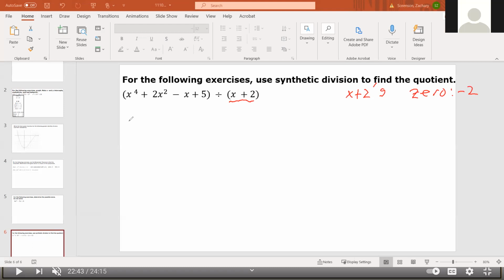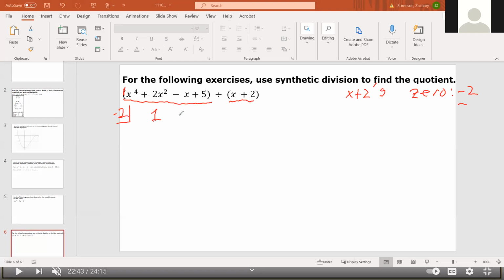So my first step in synthetic division is make a little box, put -2 there. Just this guy. Next step, I translate these into numbers. And so I have x to the 4th, 2x squared minus x plus 5. And so the coefficient associated with the x to the 4th is just 1. So I put a 1 here.